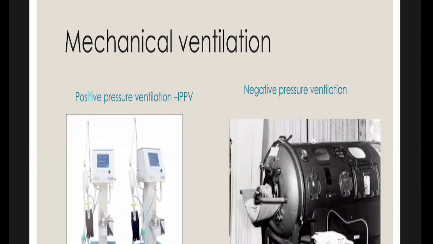Whereas you have the negative pressure ventilators, which were used a long time ago. Initially it started during the polio pandemic. This is a big chamber in which the patient is supposed to lie. It creates a massive negative pressure around the thorax, which tries to expand the lungs, so it creates a negativity within the lungs, and air flows into the patient's lungs through the patent airway.